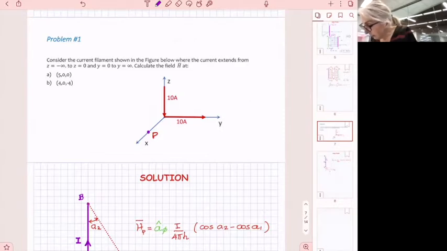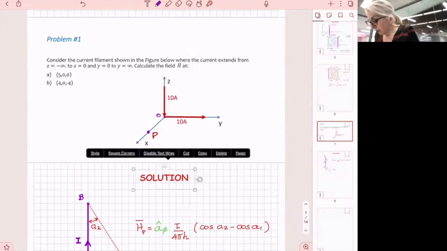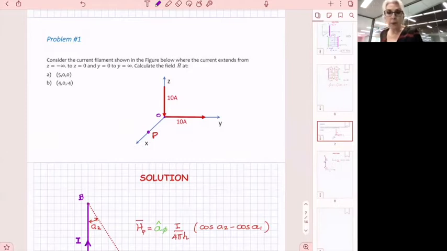Let's assume this point here is O, and it goes from O to infinity, but the direction of the current is going from infinity to O, and then the other continues on the y-axis from the origin, and keeps going up until infinity. The problem is asking you to find the solution for two separate points, but let's start with one point and then we'll do the other one.